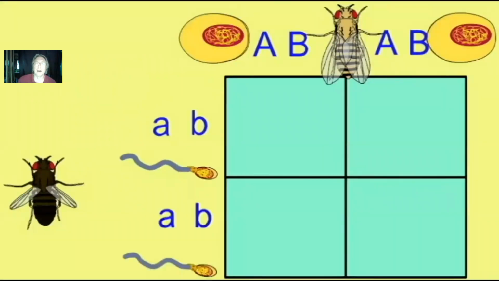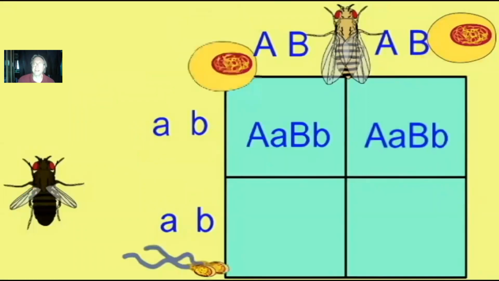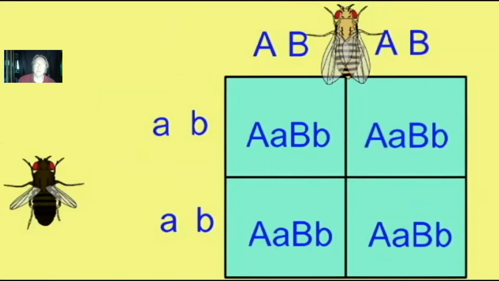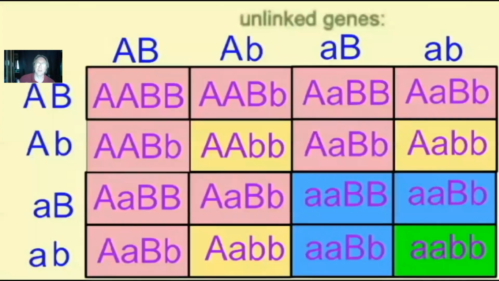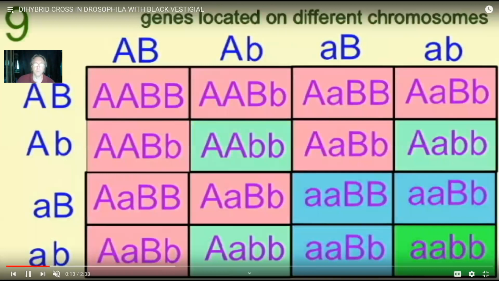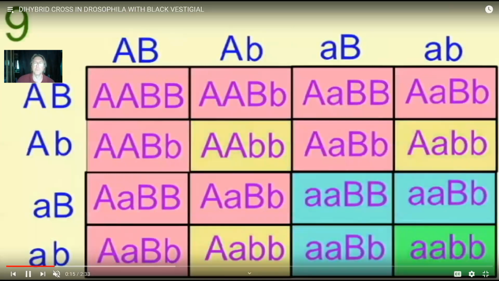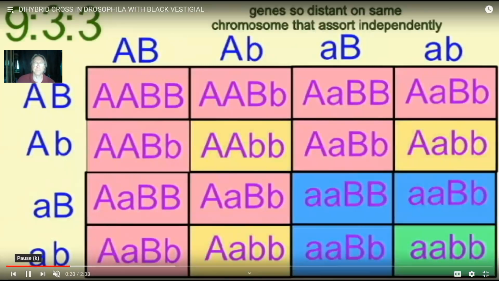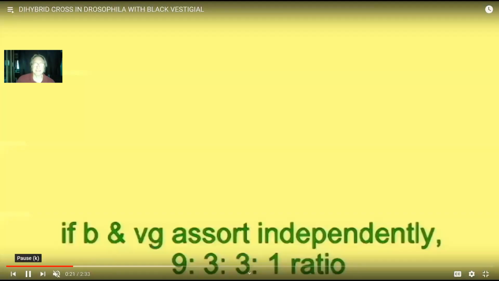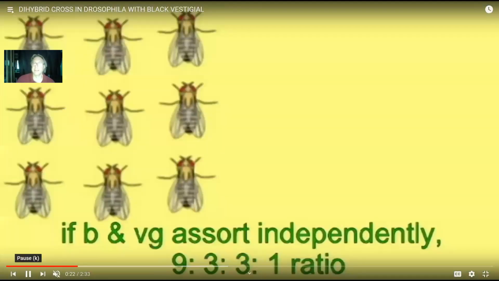Now, do traits always assort independently? No, they do not. I'd like to end with this, but this is something we would return to, because very often you do a test to see if traits are assorting independently.